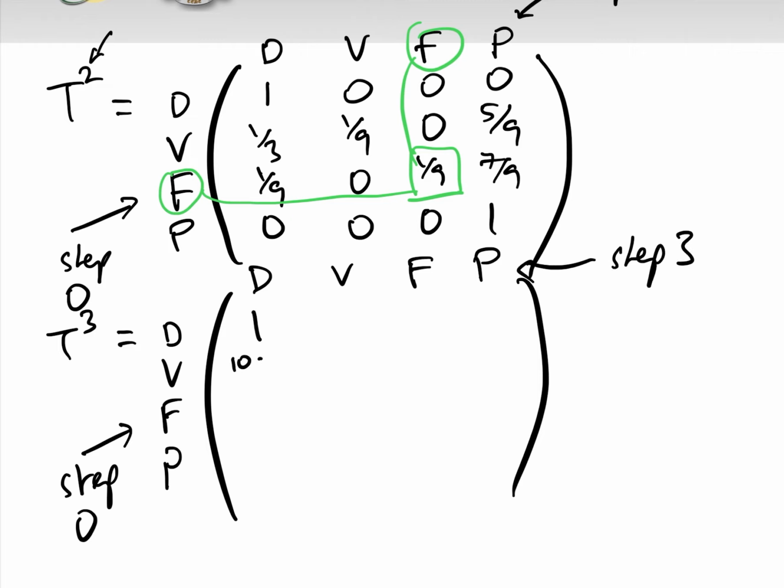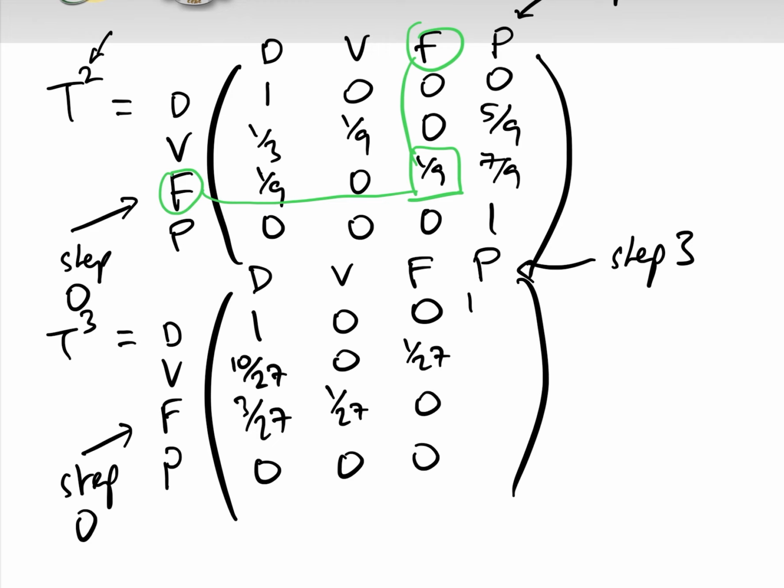You can do it by hand, it's just tedious, so I won't bother doing it. 0, 0, 1/27, 0, 0, 1/27, 0, 0, 0, 16 over 27, 23 over 27, and 1.